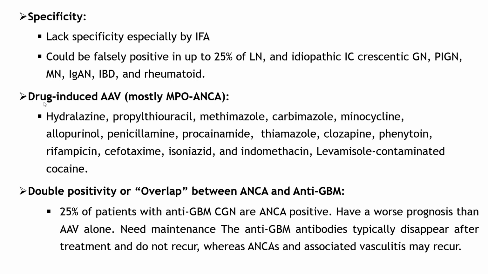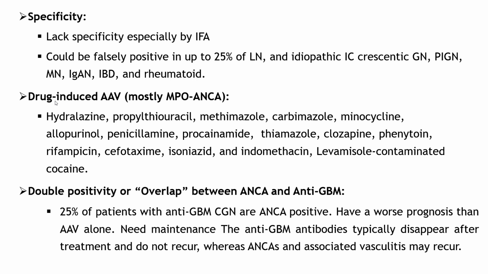And there are many drugs which can cause ANCA-associated vasculitis, and it would usually be MPO ANCA, like hydralazine and propylthiouracil, methimazole, carbimazole, minocycline, allopurinol, penicillamine, phenytoin, rifampicin, cefotaxime, and isoniazid. And remember that levamisole-contaminated cocaine can also cause ANCA-associated vasculitis.